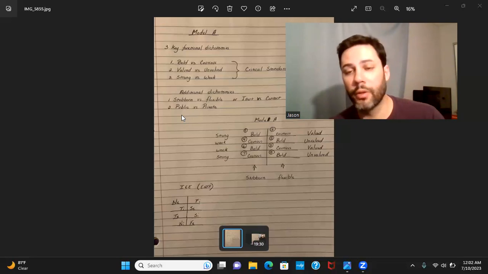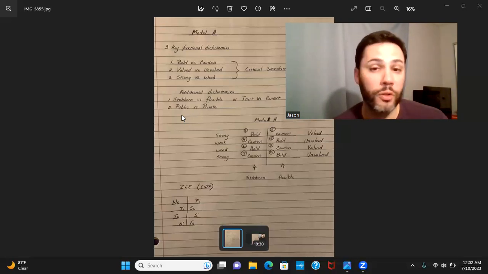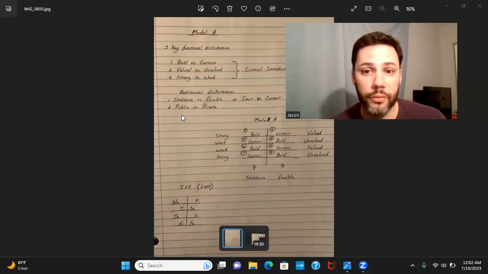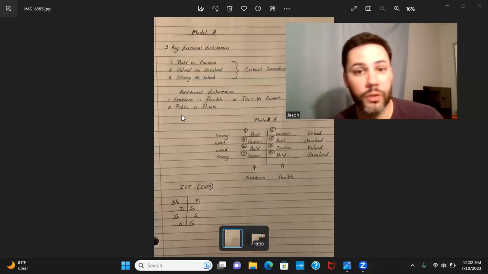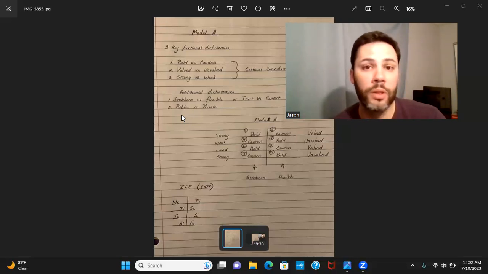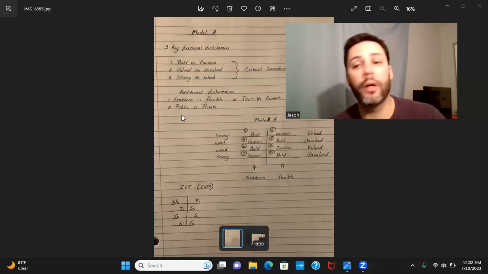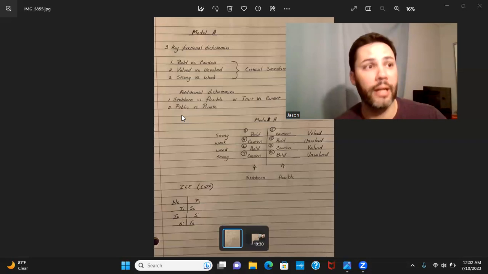So what are they? Stubborn versus flexible, also known as inert versus contact. The stubborn ones are the ones that stubbornly want to keep using it. You think you're good at it, or you want to be good at it, and you keep trying to use it. Regardless of how strong you might be at it, you keep wanting to do the thing.